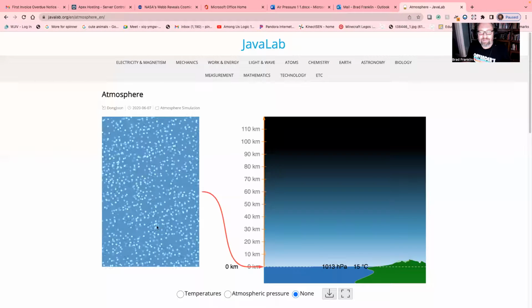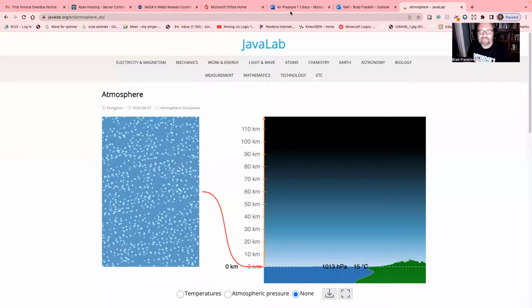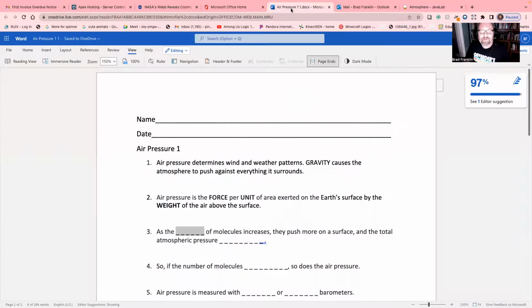Sure are a lot of them down here at sea level. When I said a lot, that refers to this amount. As the amount of molecules increases, they push more on a surface, and the total atmospheric pressure does something.